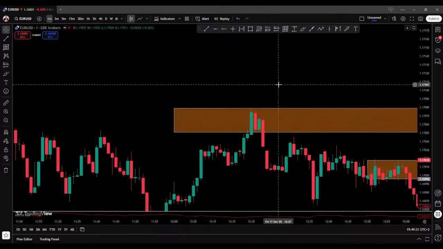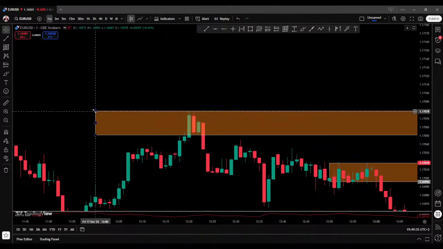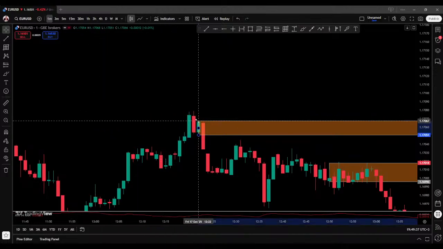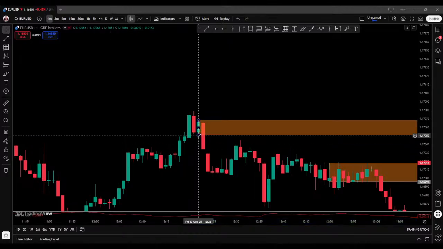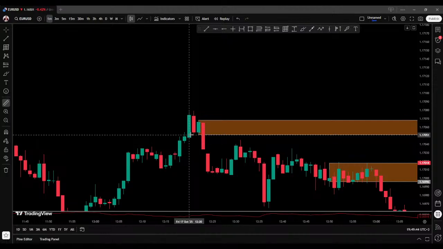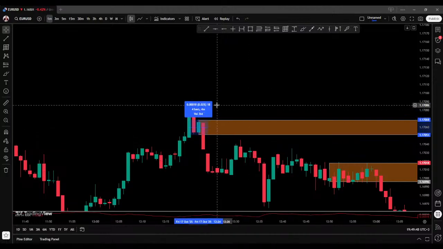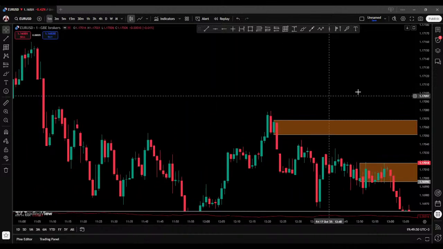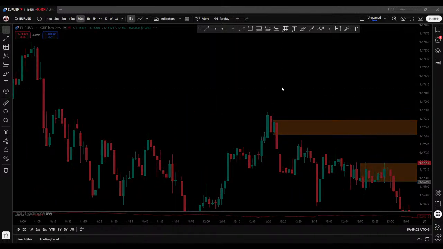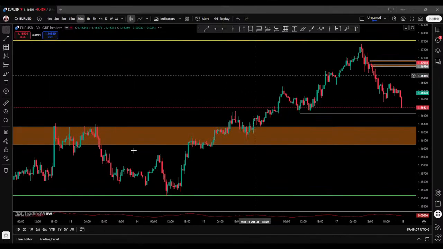My God. Look at this precision. Can you see this order block? I'm telling you, if you analyze the market like this, you will feel like you are a magician. This is a 1.8 stop loss trade. And I can confidently tell you that that is a trade I'll be waiting for tomorrow.